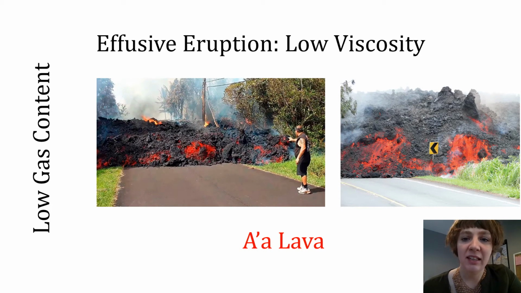Slightly more viscous, though still in the same low viscosity class, is aa lava. Pahoehoe and aa have approximately the same silica content, but due to changes in the steepness of the slope that they're flowing down, changes in the eruption rate, or differences in temperature, aa just moves much slower and more like a bulldozer, while pahoehoe flows smoothly like a fluid.